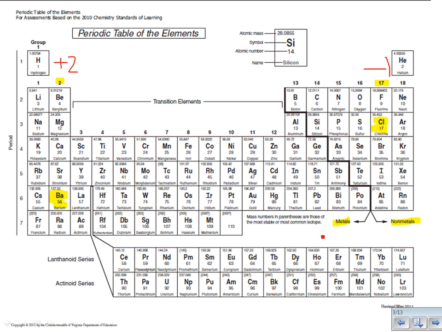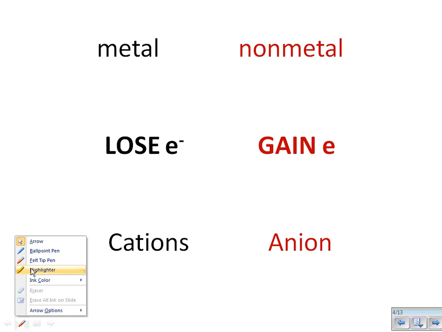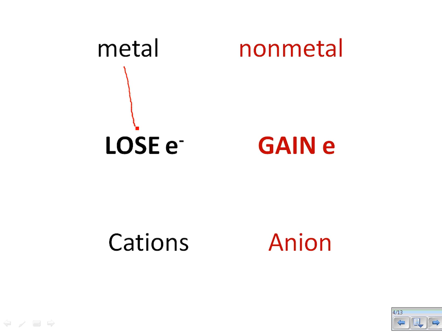Okay? So I know I've got a metal bonded to a nonmetal, which tells me it is an ionic compound. I also know that it is in group 2, and it always forms a +2 cation, the barium element. So we know that our metals always will lose electrons to form cations, and our cations are our positive ions.